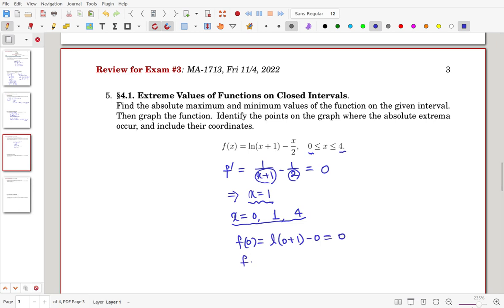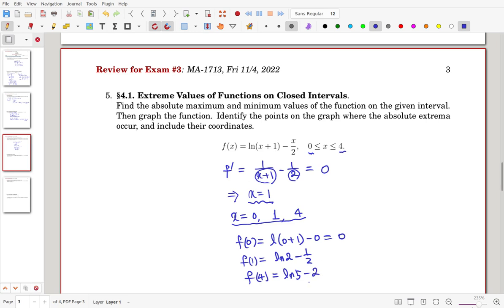F of 1 is logarithm 2 minus half, and f of 4 is logarithm of 4 plus 1, which is logarithm 5, minus 2.